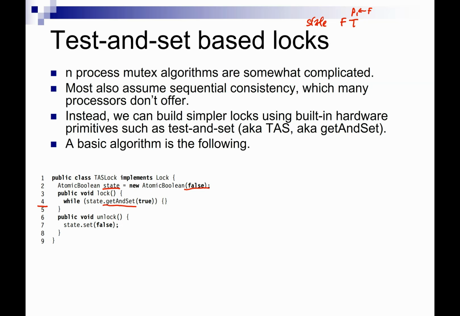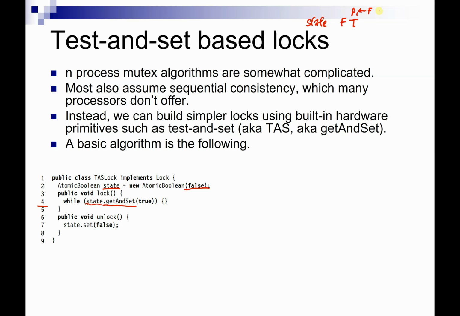So P1 sees that he can go into the critical section, because here you only wait while state is true. P1 saw that state was false, so P1 can finish its lock operation and get the lock.